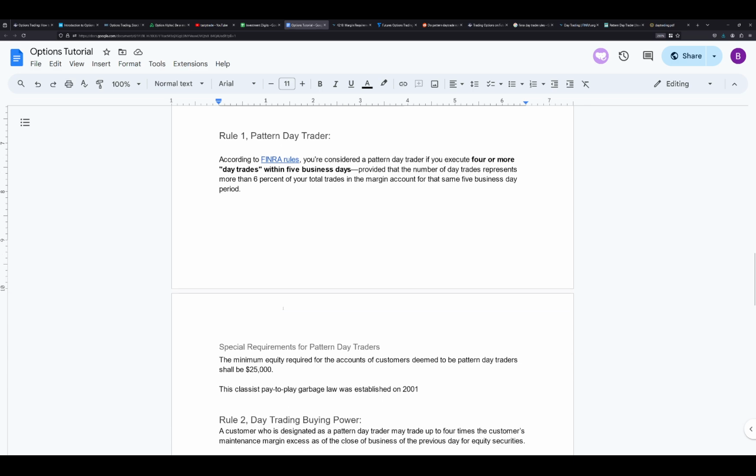So that basically means you're a pattern day trader if, of any 5 business days in a row, you do more than 3 trades. Three trades where you buy and sell the same position the same day.